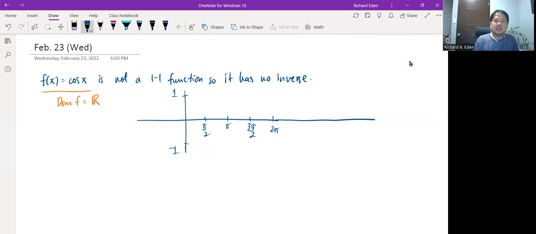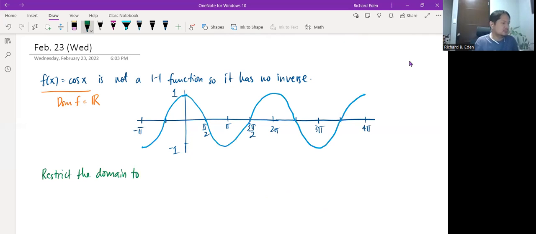So what we're going to do is we are going to restrict the domain. Restrict the domain to the following.